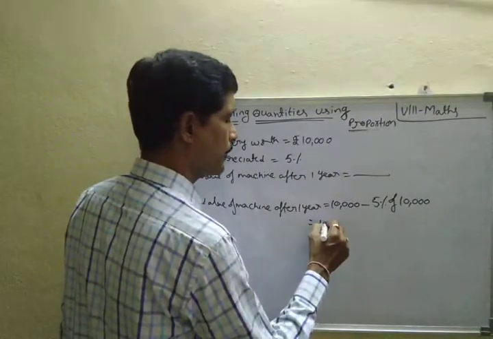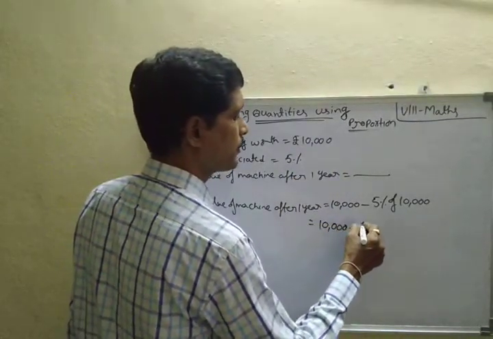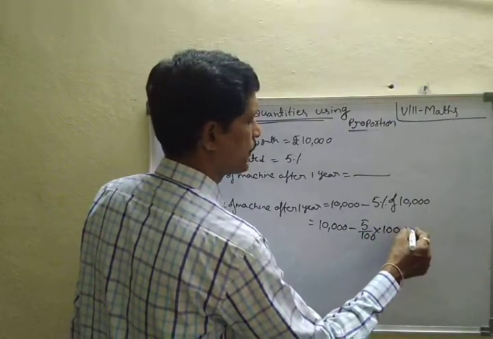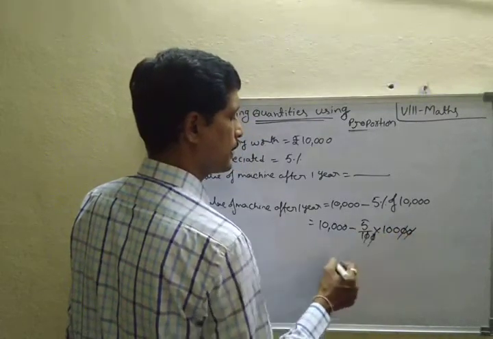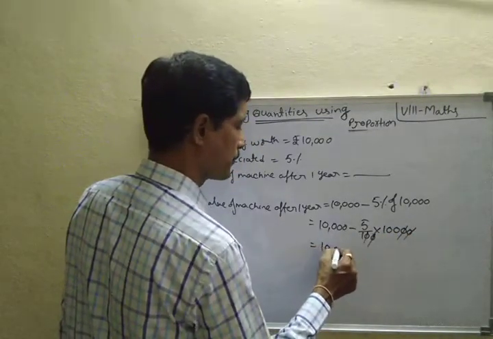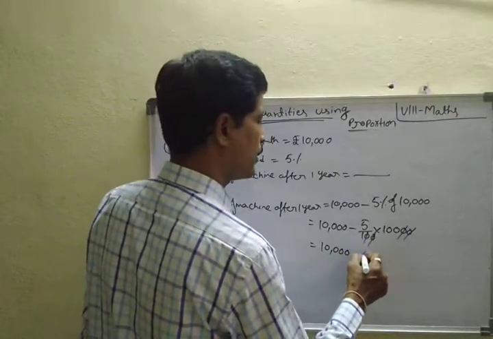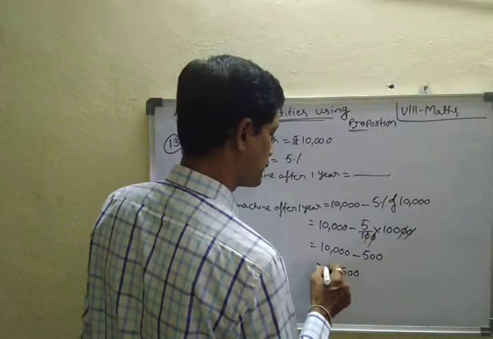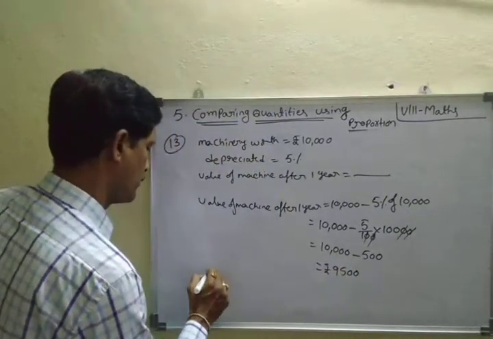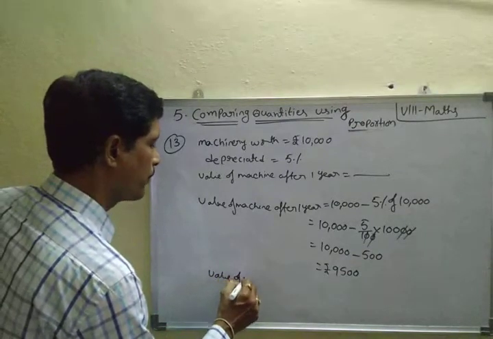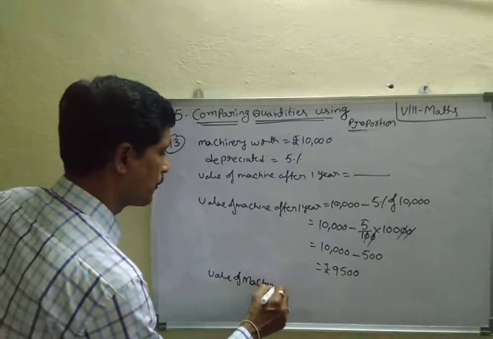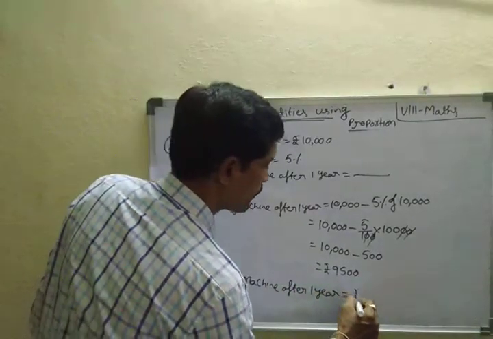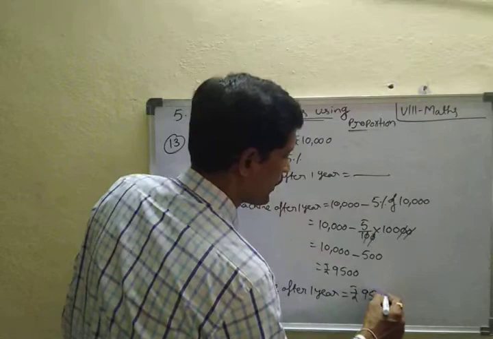Therefore 10,000 minus 5 by 100 into 10,000 rupees. Here zeros get cancelled. Here 5 into 100 is 500. That equals a total of 9,500 rupees. Value of machine after 1 year equals 9,500 rupees.